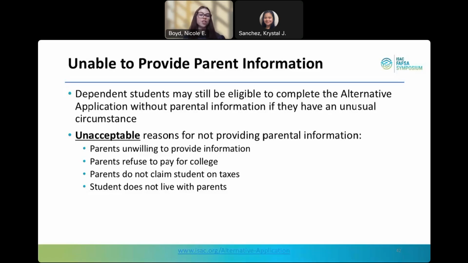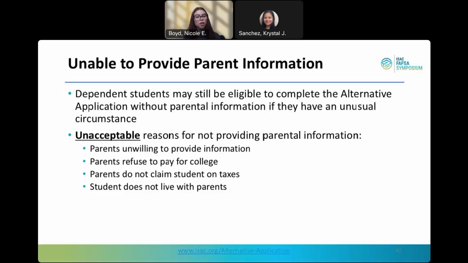So if the parent just doesn't want to put their information on the application, they simply don't want to help pay for college, which in that case, hopefully you could explain to them that just providing their information on the application does not put them on the hook to pay for college. So that could be something to clarify.